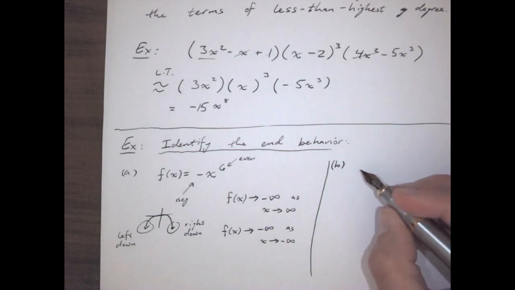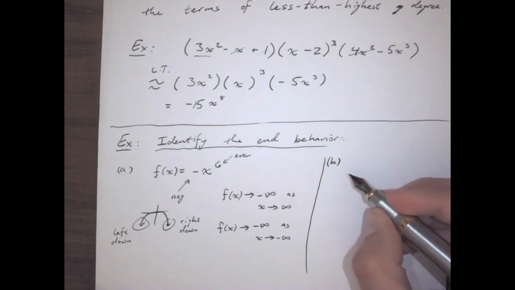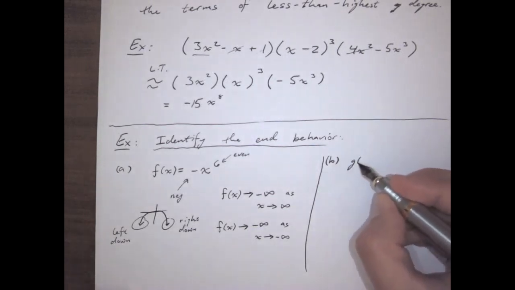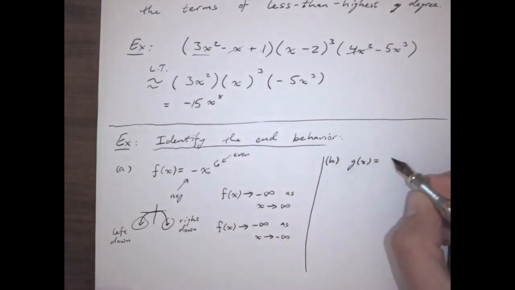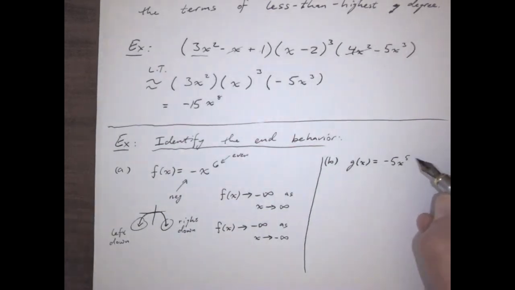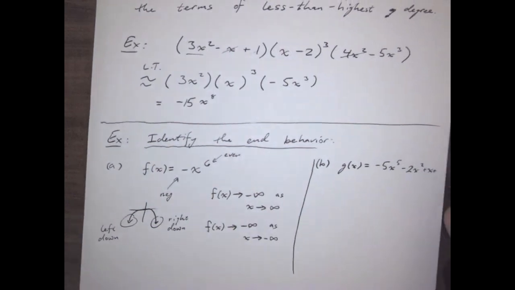Let's take, as a slightly more complicated example, something like this. G of x is equal to negative 5x to the 5th minus 2x squared plus x plus 1.